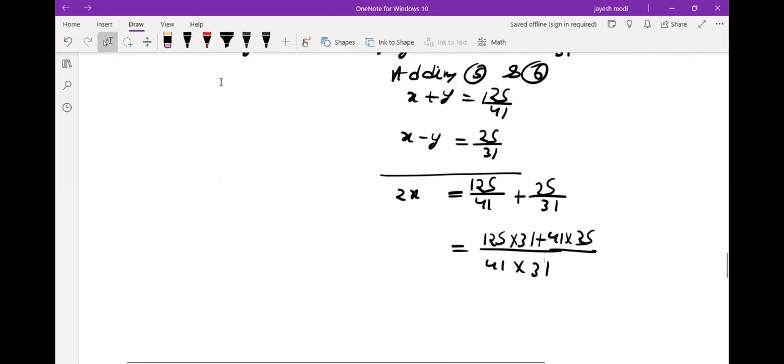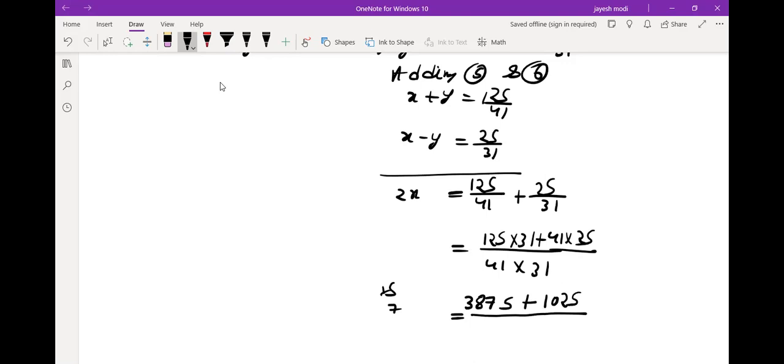Okay, equals 125 into 31 is 3875. Plus 41 into 25 is 1025. So it will be 1271 in the denominator, right?